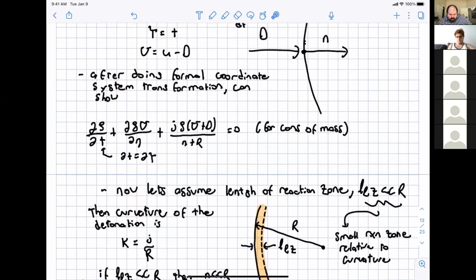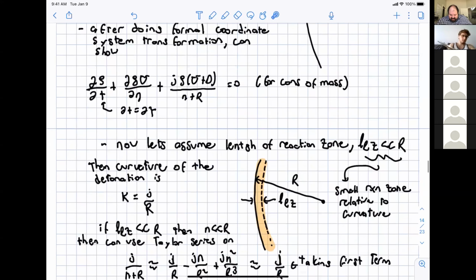Now what the theoreticians assumed was that the length scale of the curved detonation is gigantic compared to the length scale of the reaction zone, or basically that this reaction zone is very thin in comparison to the radius of curvature of our curved detonation.